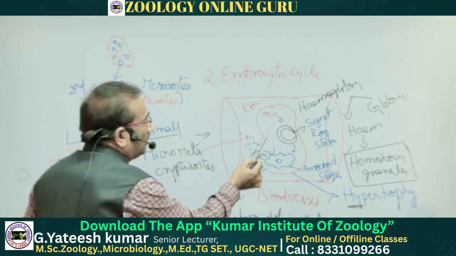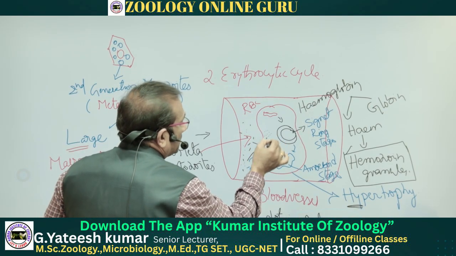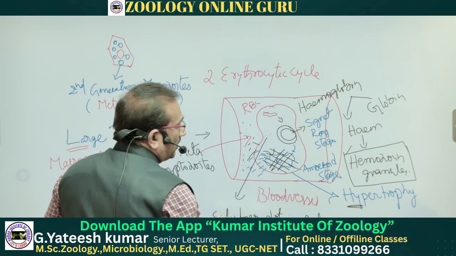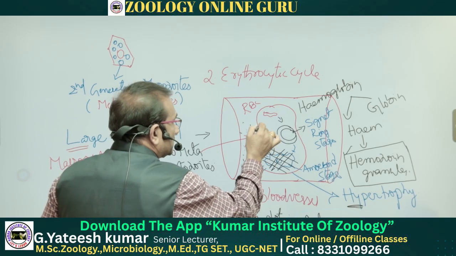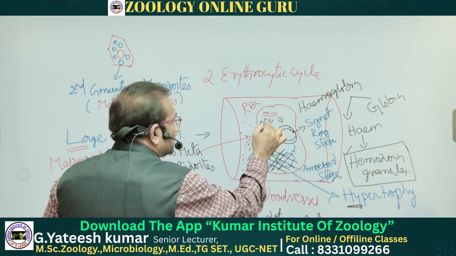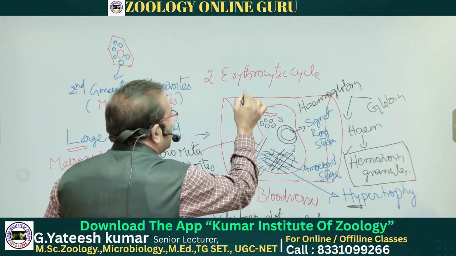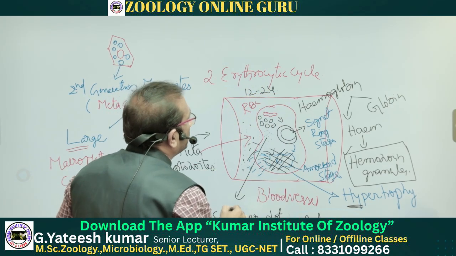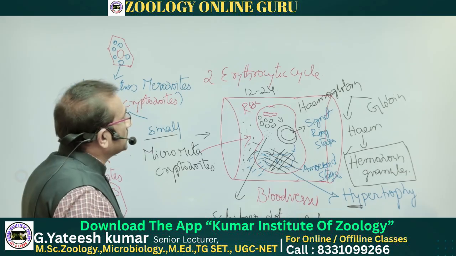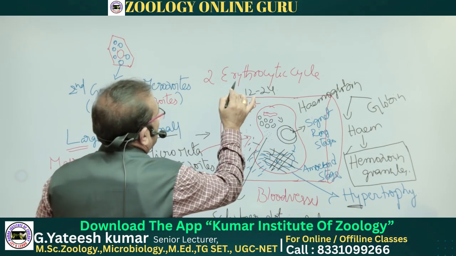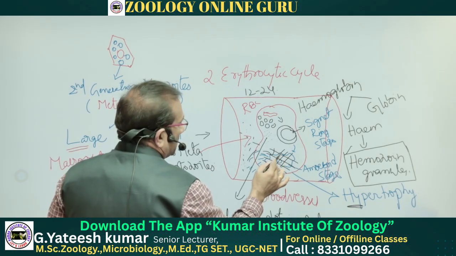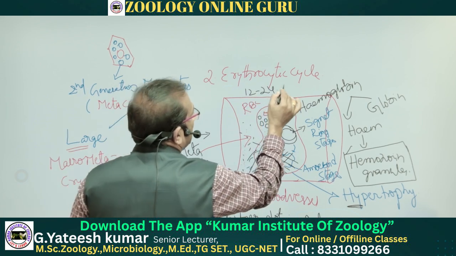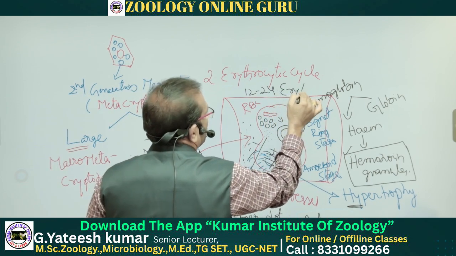In some of the stages, the small amoeboid stage undergoes mitosis and produces 12 to 24 cells. So in the erythrocytic cycle, this amoeboid stage produces 12 to 24 erythrocytic merozoites.